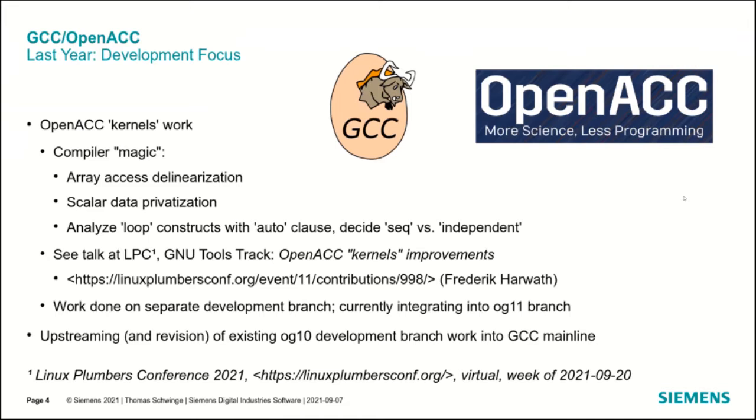That's the core work of the OpenACC kernels pass in the compiler: to turn OpenACC loop constructs with an auto clause into either a sequential clause if something cannot be run in parallel, or an independent clause if something may be run in parallel. That's the very, very high level summary.